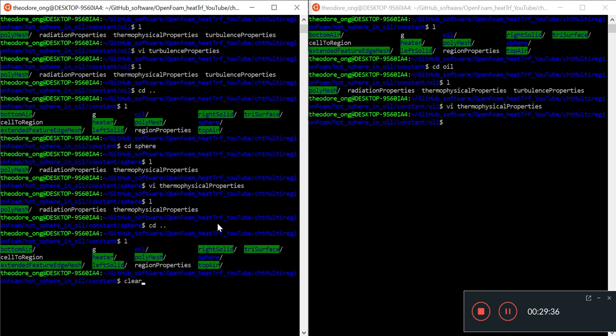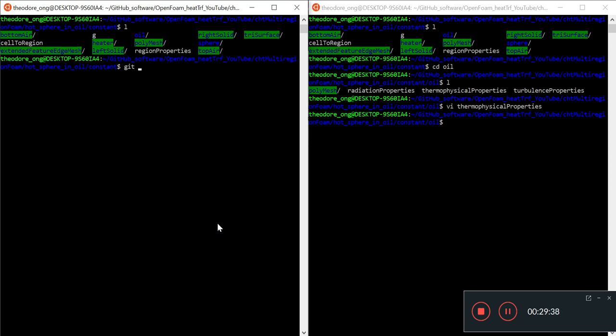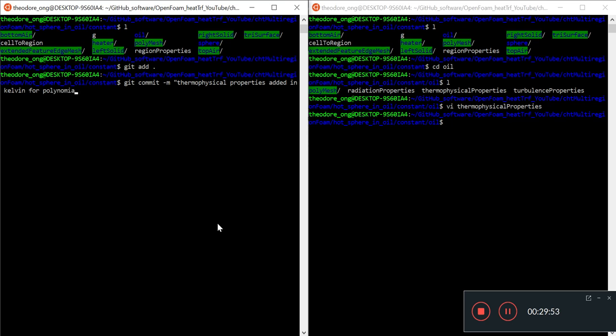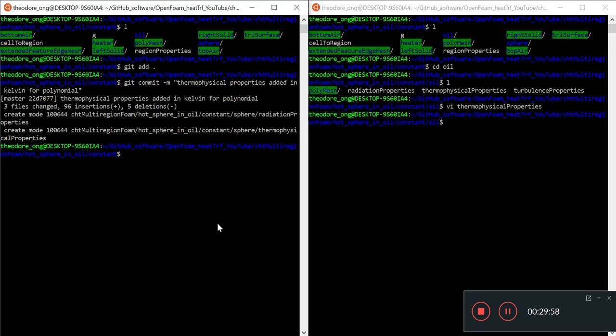And okay, I'm just going to add this to Git. Thermophysical properties added in Kelvin for polynomial. So please make sure, try not to make my mistake. Get your units right. That's very important.